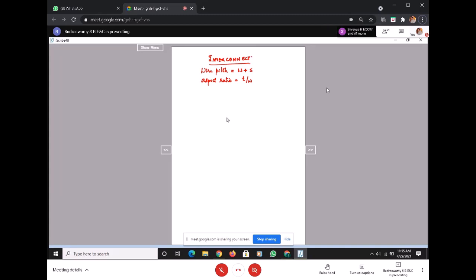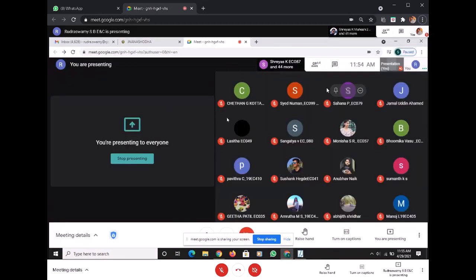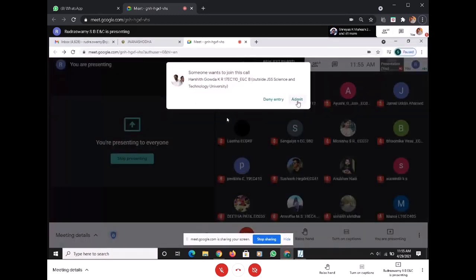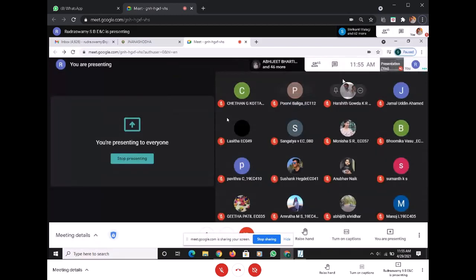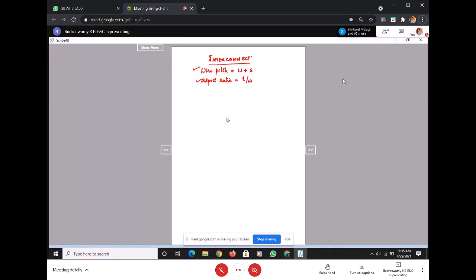All the designs happen with respect to the wire pitch and the aspect ratio. Now there is another important aspect that you should know: how to calculate the resistance of a wire.